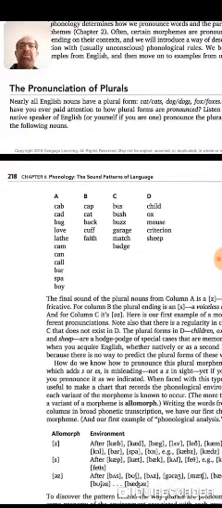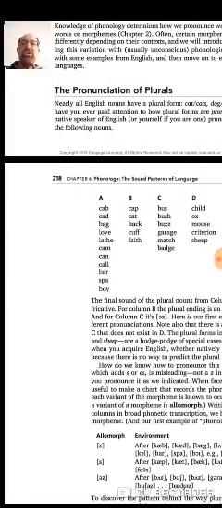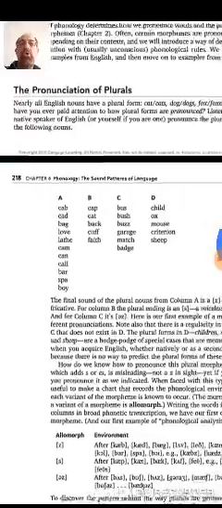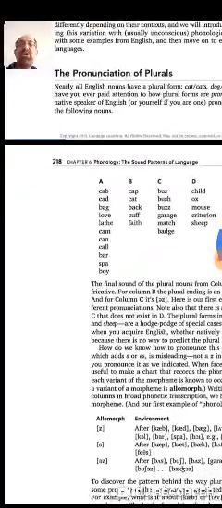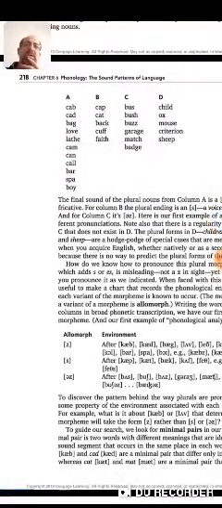But have you ever paid attention to how plural forms are pronounced? Listen to a native speaker of English, or yourself if you are one, pronounce these plurals for you. Let's go to the next page. Look at the first line, list A. Cab, cabs.